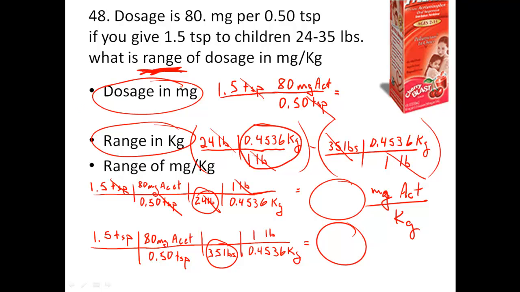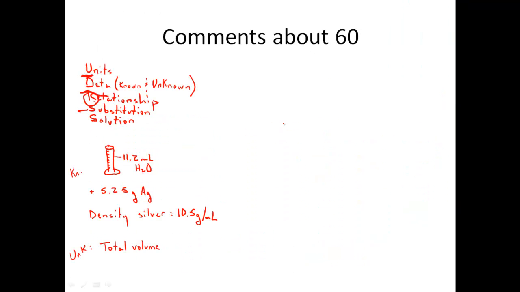In other words, for 1 pound, we substituted a 1 into this relationship, and 0.4536 into this relationship between kilograms and pounds. And then the final solution, and make sure your final solution has the correct number of sig figs or significant digits. Don't forget those.